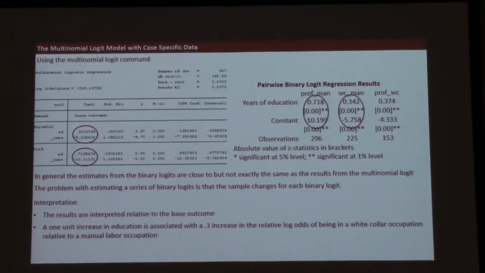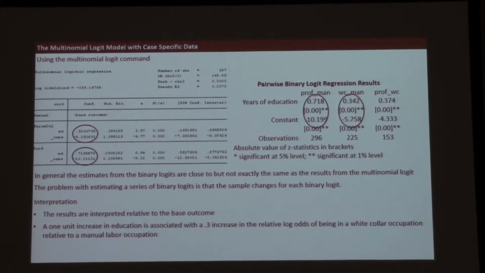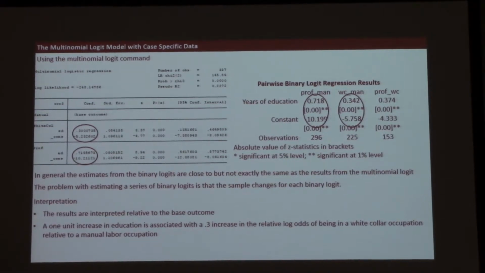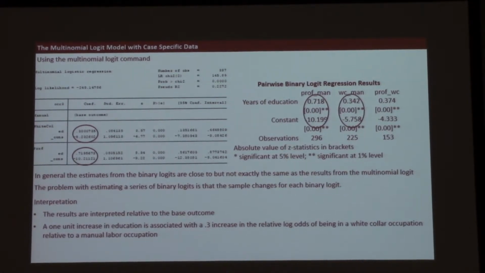For professional, you can see the same thing. A 1-year increase in education increases the probability of being in a professional occupation by a larger amount. So if you're looking at the relative magnitude of the effects of education, a year's worth of education has a bigger effect on you going into a professional occupation than a white-collar occupation, relative to a manual labor occupation, which kind of makes sense, right?